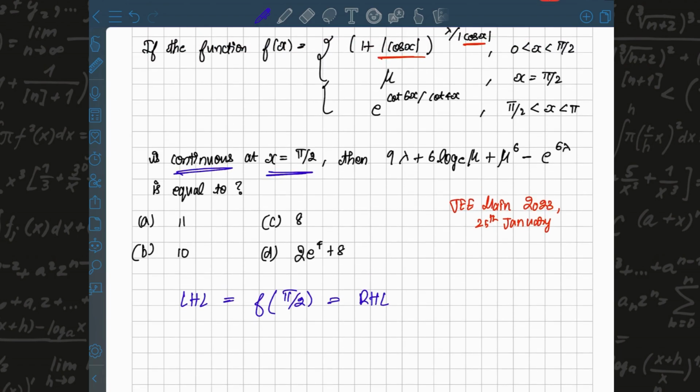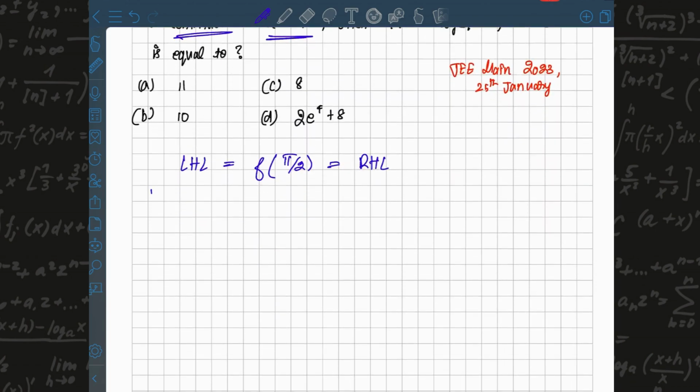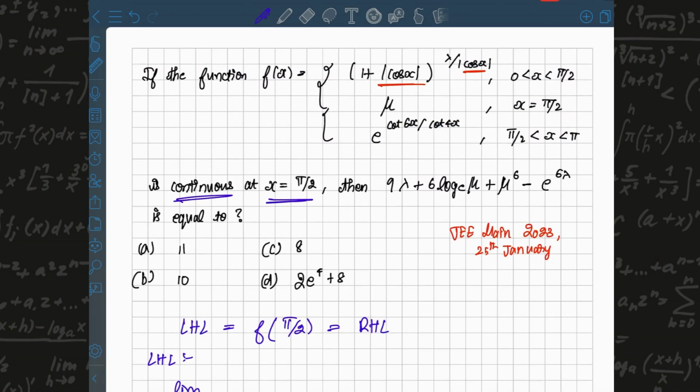So let's solve the LHL first. Limit x tends to pi by 2 minus, which denotes LHL. So LHL is nothing but this one, and RHL is nothing but this one. This is LHL, this is RHL, and this is f of pi by 2.